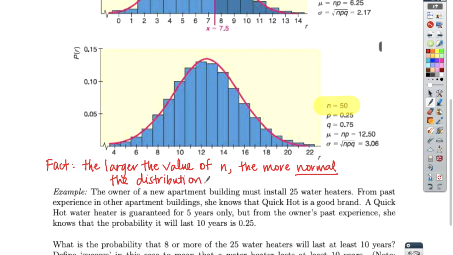As n gets larger and larger, our number of trials gets larger and larger, the distribution of the binomial experiment gets more and more normal.